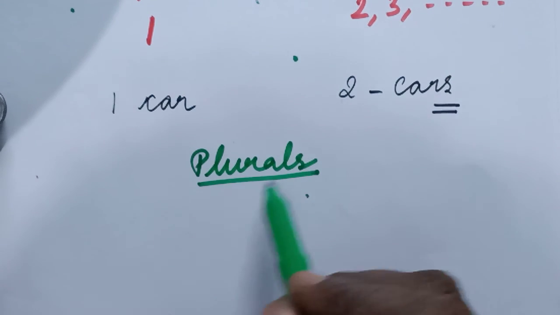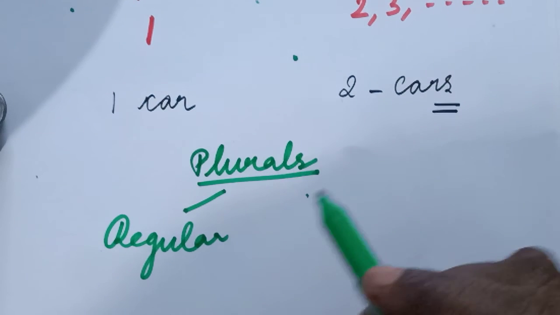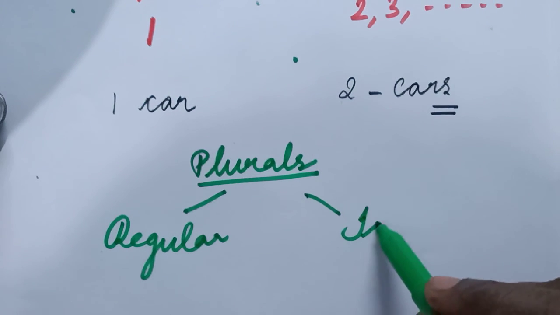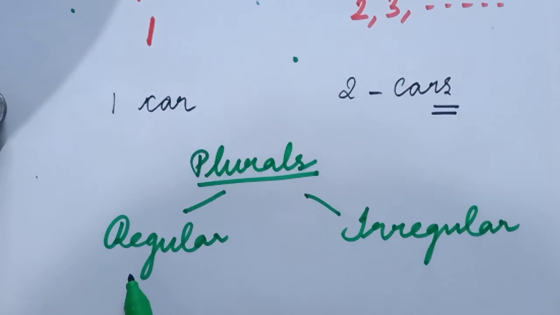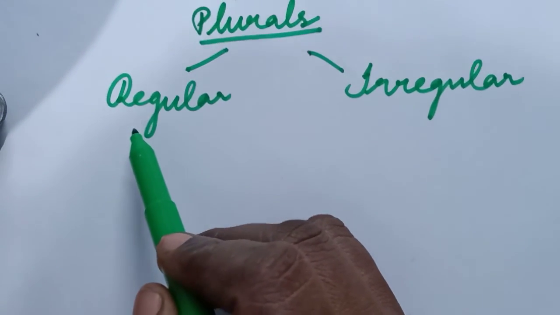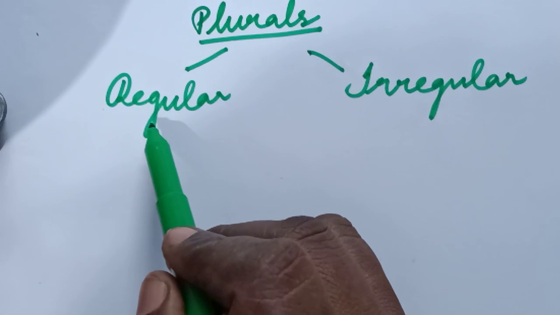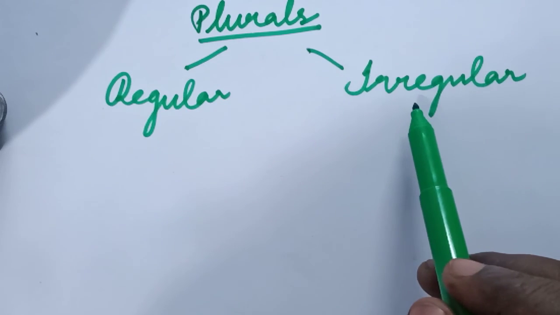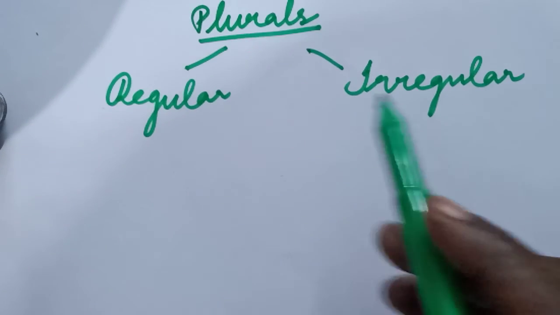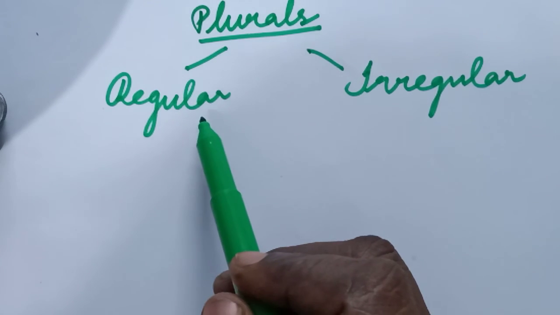Okay, here these plurals are classified into regular and irregular nouns. Regular nouns will follow a certain set of rules for converting them from singular to plural, wherein irregular nouns have a different format. Understood? The first thing we are going to see is regular nouns.